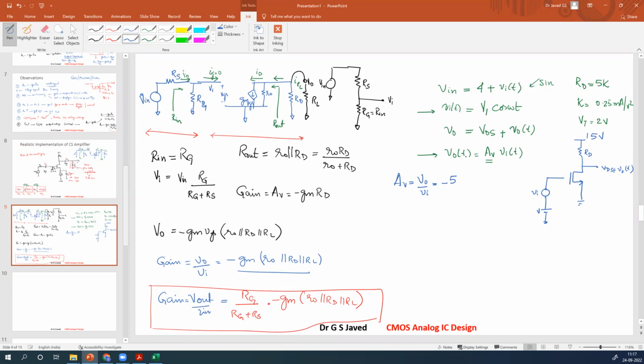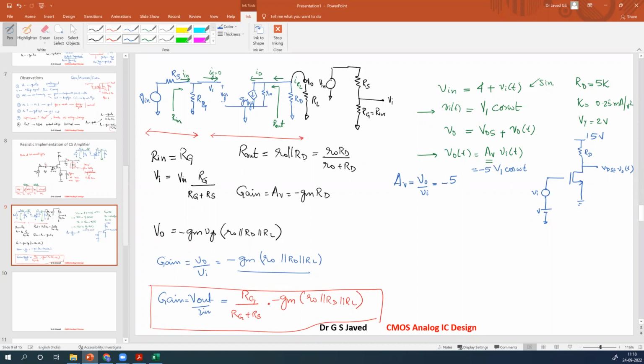That is your assignment. You will do and come back and tell me next class. Now, if this input Vi is V1 cos omega t, what will be the output? Replace Vi, so your output will be -5 V1 cos omega t. So this is your Vout.